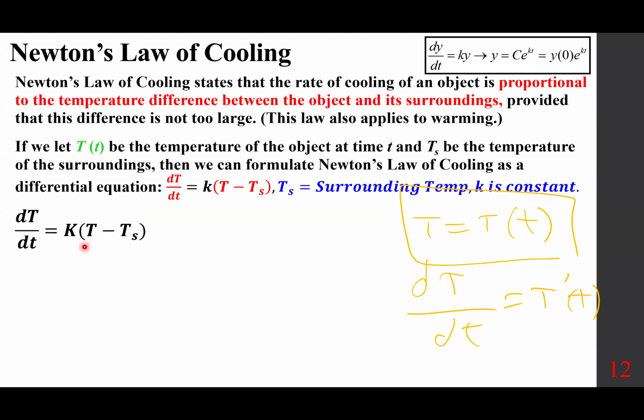So now let's call this function T of t minus T sub s something. For example, y as a function of t. So if this is y, then this is k times y.